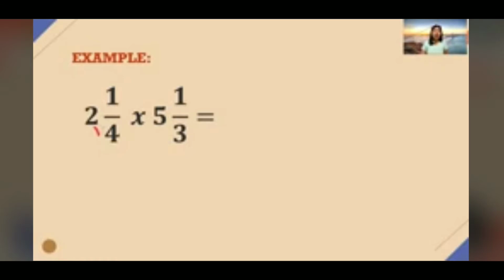So 2 times 4 is 8, plus 1 will get 9. And of course, for our denominator, we will just copy that. So that is 4. And then the second mixed number will be 3 times 5, 15 plus 1, 16. And then copy the denominator and that is 3.